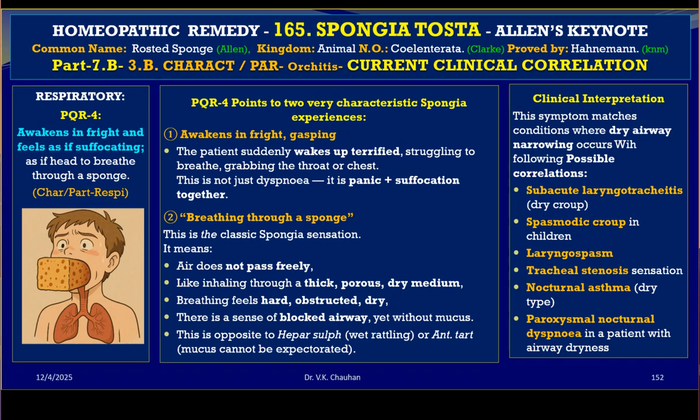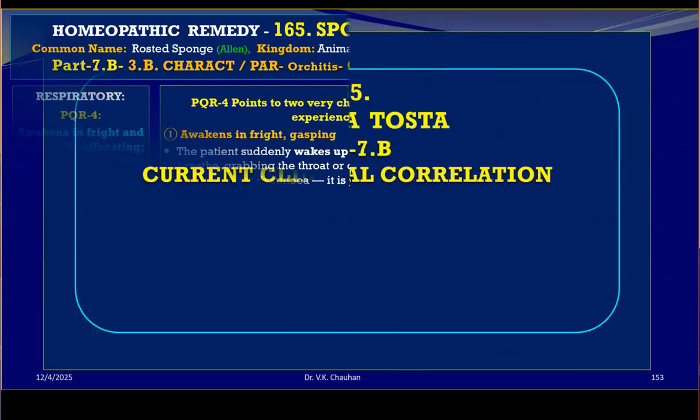So in congestive cardiac failure, this particular symptom needs to be clearly evaluated, examined and verified, because this has a very serious significance. It is not that we have found the totality and we are happy prescribing Spongia. It doesn't end there. You need to thoroughly investigate and diagnose. It can be sleep apnea also.